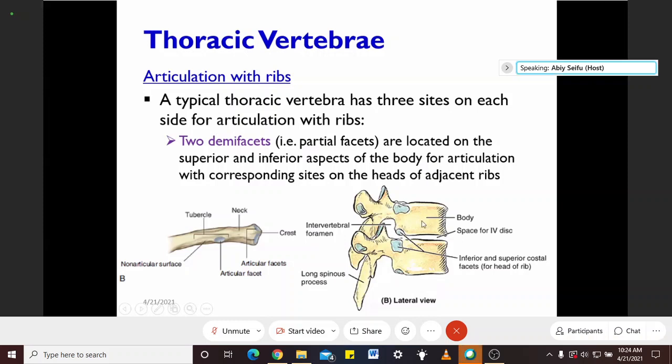For instance, assume this one is T5, and this one is T4. If the head of the rib articulates at this point, this rib is T4, corresponding with the superior one.